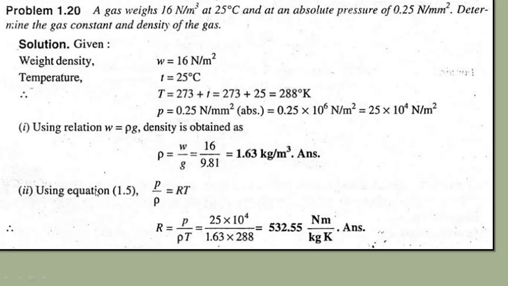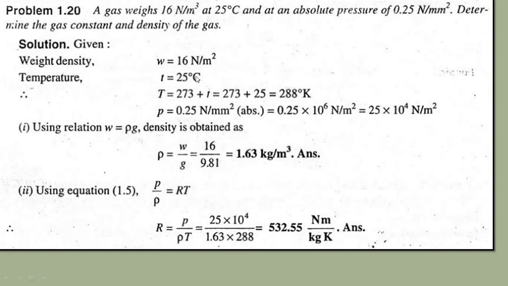Using equation 1.5, we get P divided by rho is equal to R into T. So R is equal to P divided by rho into T. Here capital T is the converted temperature in degree Kelvin, and small t is in degree centigrade.